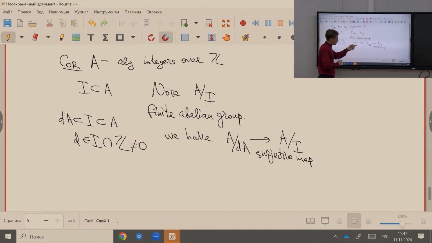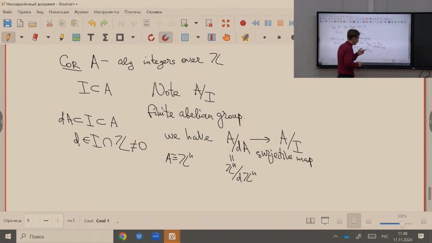So we have this surjective map, and from the viewpoint of Z, this is just Z to the power n modulo D, Z to the power n. So A is isomorphic to Z to the power n.